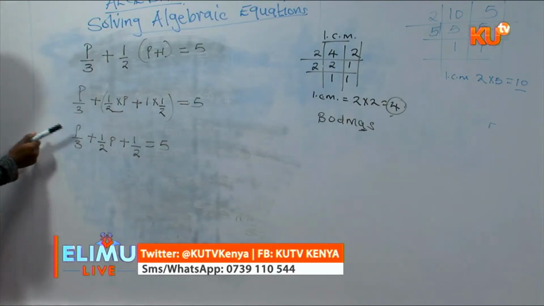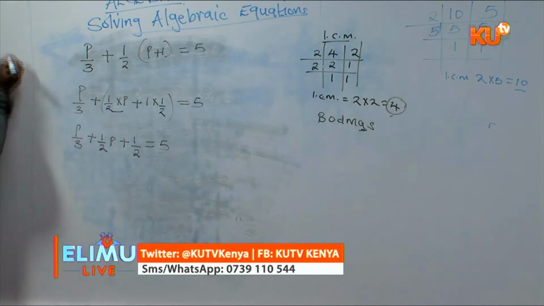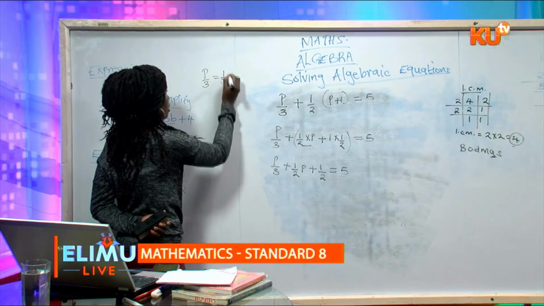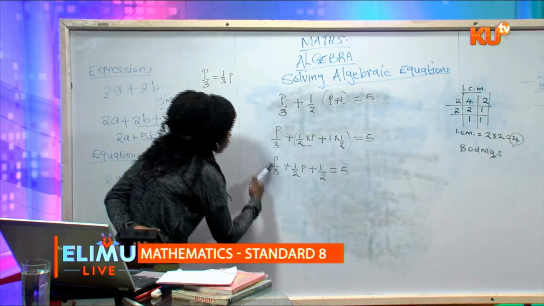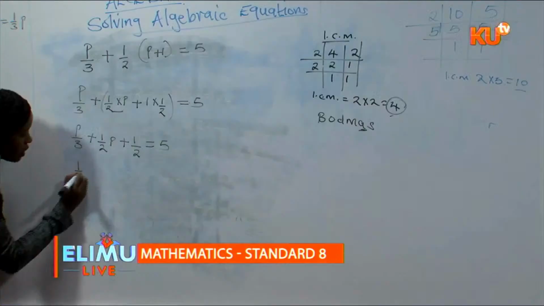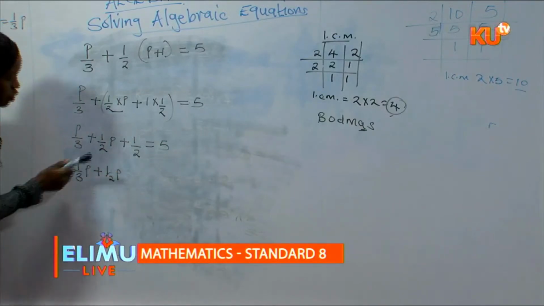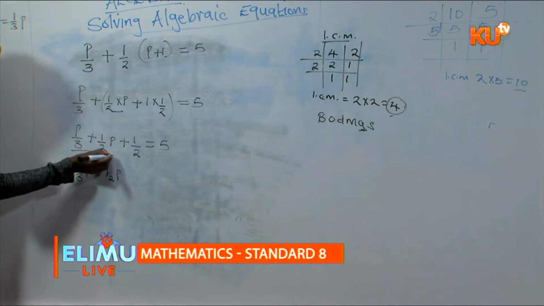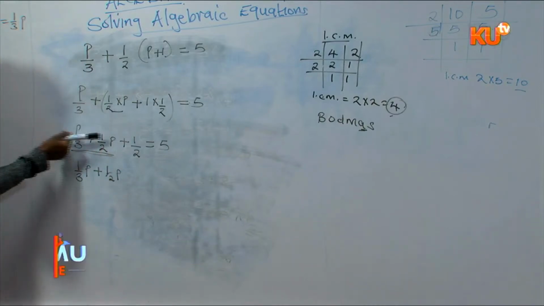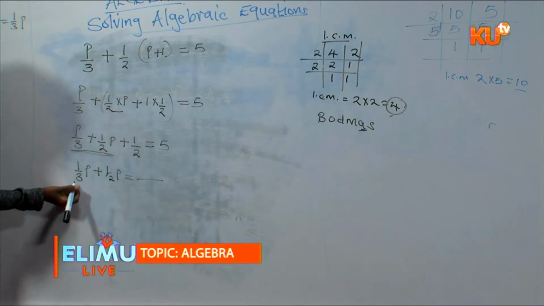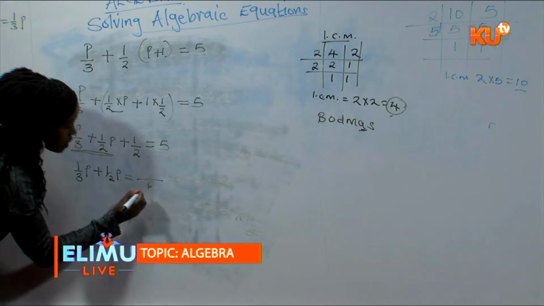From there now we put the like terms together. P over 3 is the same as a third P. So we take a third P plus a half P. First of all, we add this part where we have the unknown, the letters. We get the LCM of the denominators, 3 and 2, and the LCM of 3 and 2 is 6.